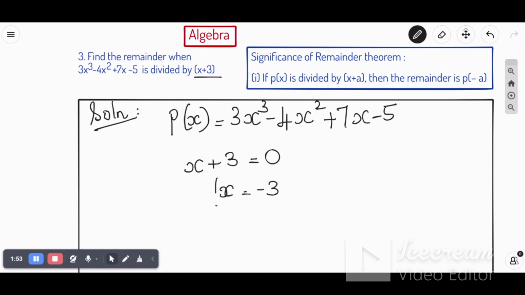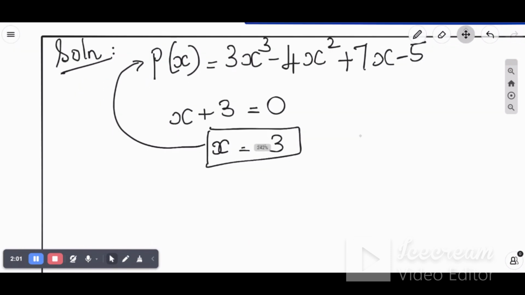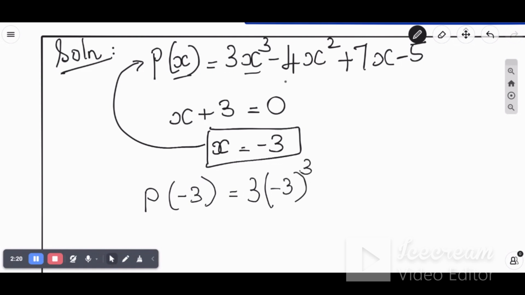Now you have to put x equal to minus 3 in your polynomial to get your remainder. As per the remainder theorem, you can get your remainder if you simply do this. So now p of minus 3 means wherever you have got x, put a minus 3. So do it carefully. Instead of x, put minus 3, the whole cube, and the minus 5 put it as such.